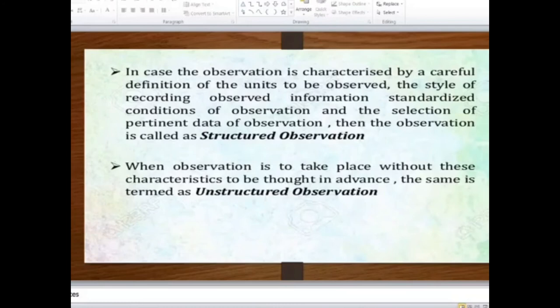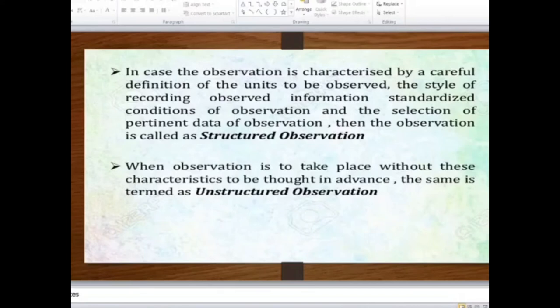In structured observation, first we have to determine the units to be observed, the style of recording the observed information, the standardized conditions of observation, and the selection of the pertinent data of observation. When we keep all these things in mind while conducting the observation, it is known as structured observation.